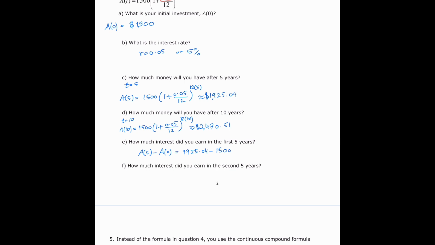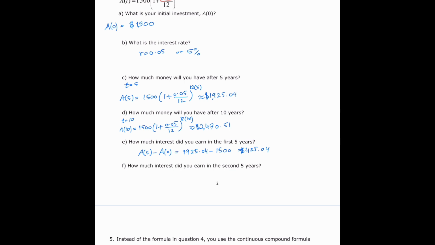And then you're going to compute that amount, which is going to be $425.04.